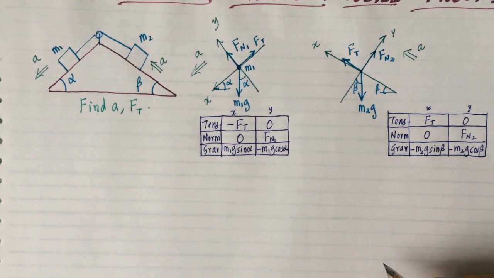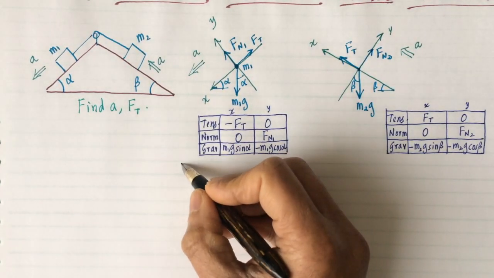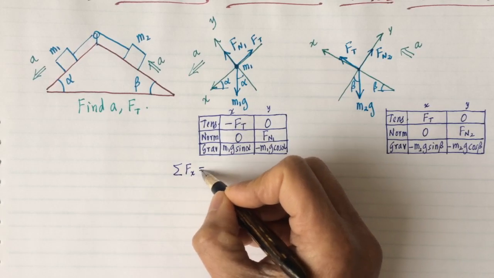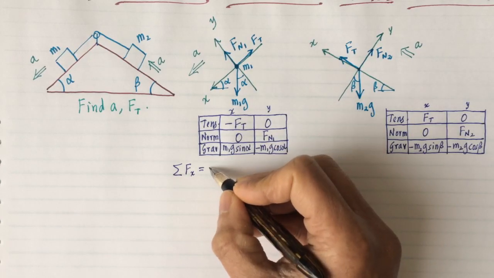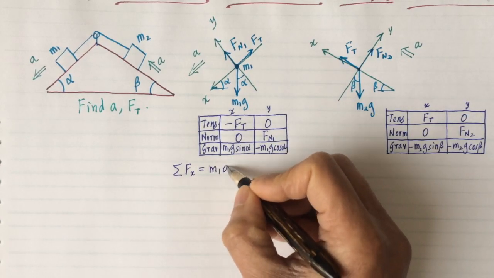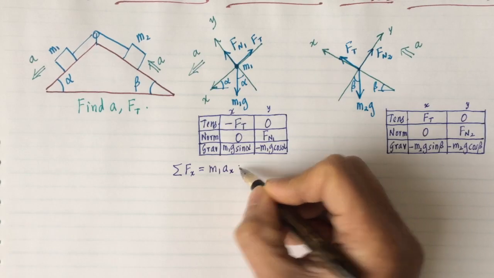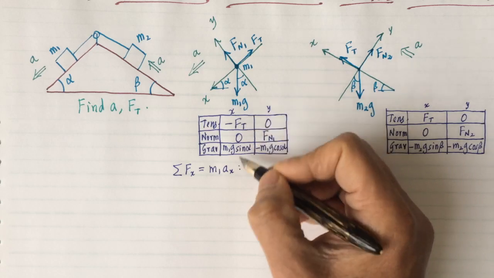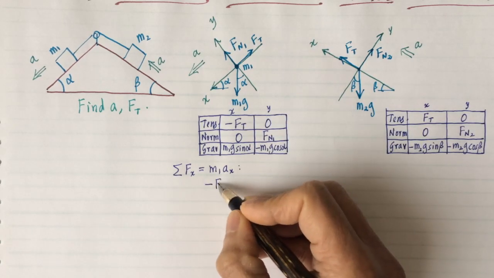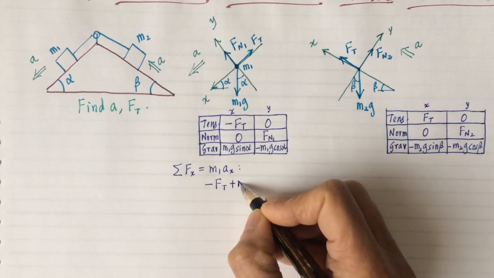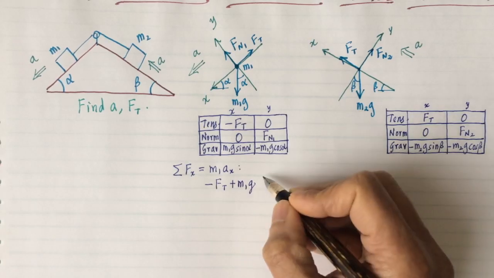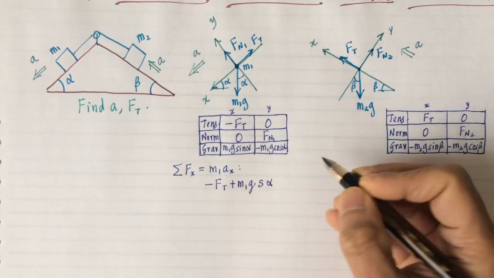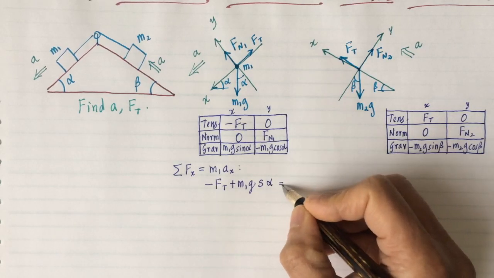Next, we write Newton's second law for these systems. For the system on incline alpha, I have the sum of all the forces in the x direction, which is going to be negative Ft plus m1g sine alpha. I'm going to write sine as s to save writing and time.